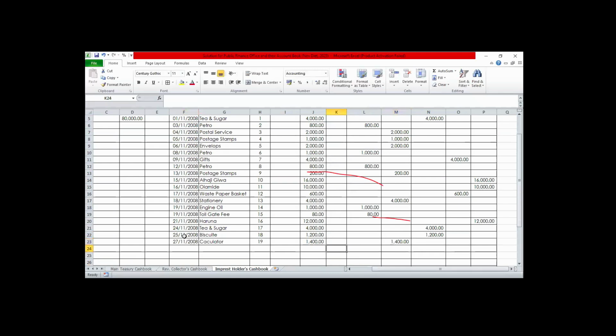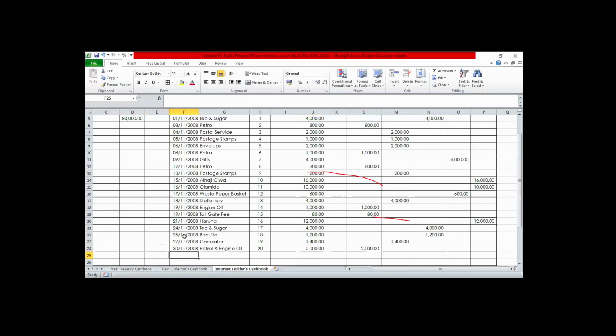The next one, November 30th, petrol and engine oil, 2,000. How much is that? 2,000.